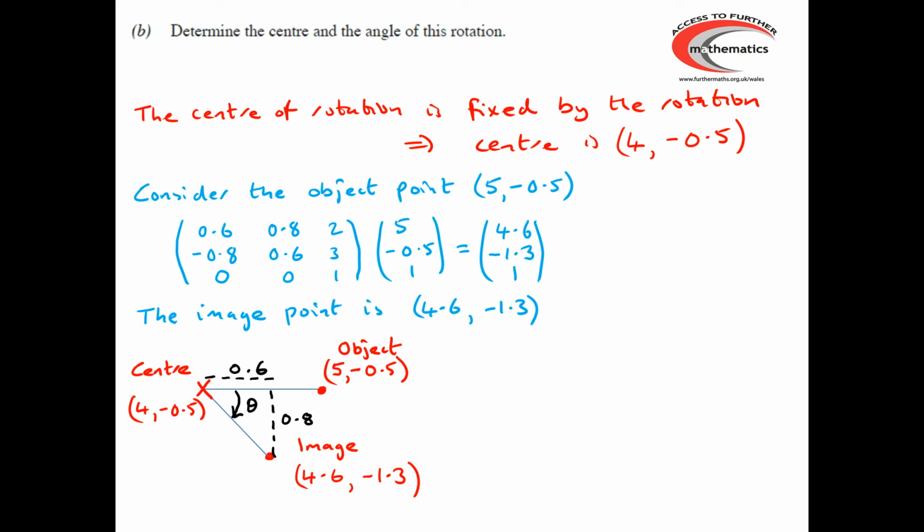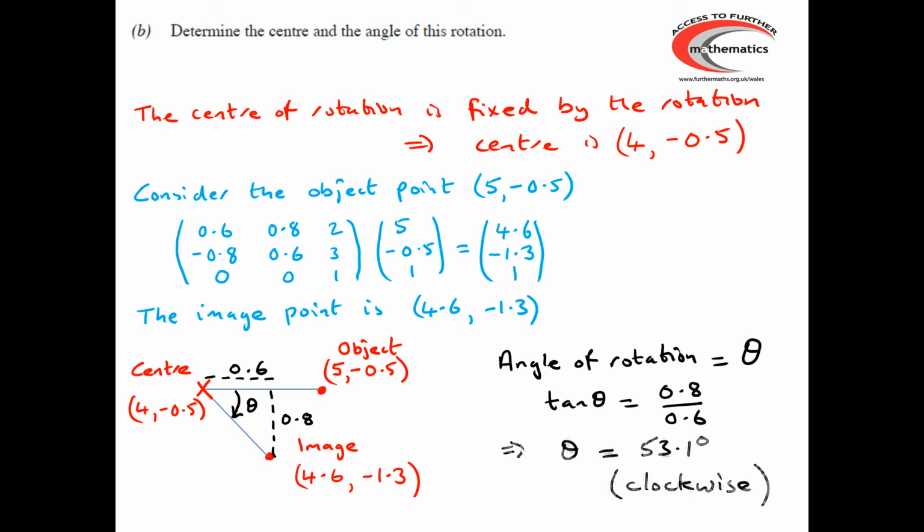Now those two values give me enough to determine the value of theta. So we've got tan theta must be 0.8 divided by 0.6, so theta must be 53.1 degrees. So the angle of the rotation is 53.1 degrees in a clockwise direction.